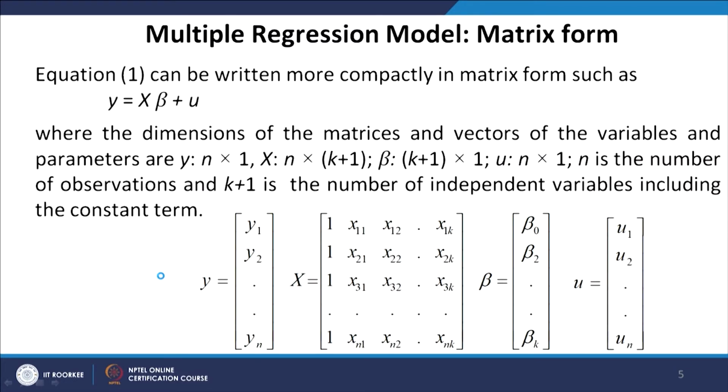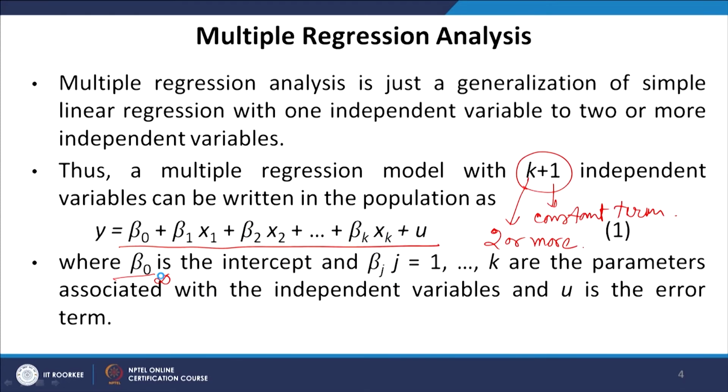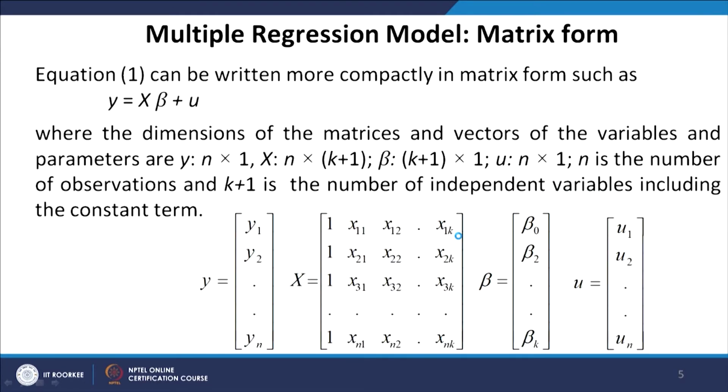We can write the multiple regression model in matrix form. That actually saves us a lot of computation, and it is much more convenient to deal with multiple regression in matrix form. So, equation 1 can be rewritten more compactly in matrix form as y equals x beta plus u, where y is a vector of observations on the dependent variable.